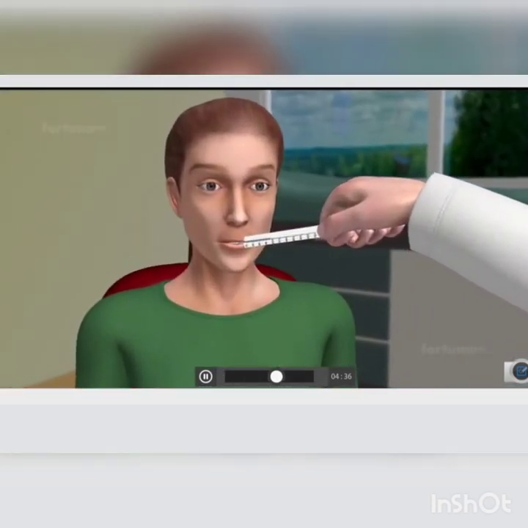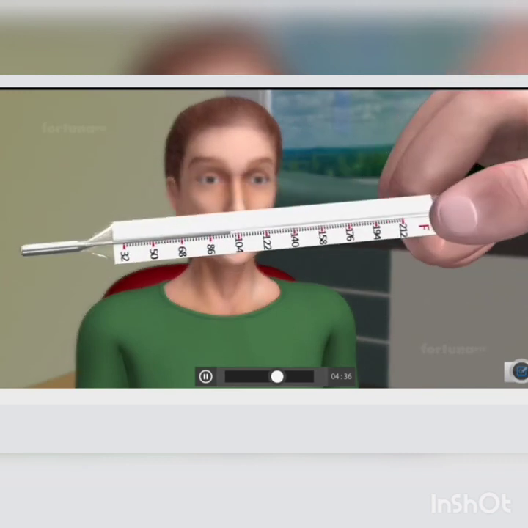On the Fahrenheit scale, the normal body temperature of humans will be 98.6 degrees Fahrenheit, which we would write simply as 98.6 degrees F. If we know the temperature on one scale, it's easy to convert it to the other using two formulas.